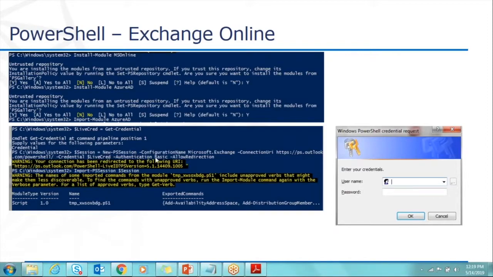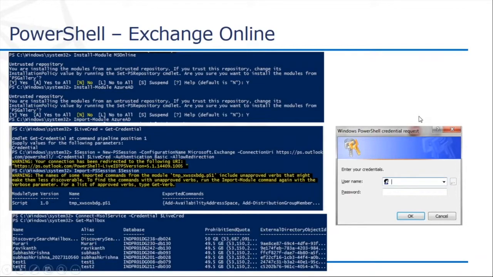Then you can create a session with your connection URI. This is how the command will look. Then you need to import this session. Once the import is done, you can run any of the commands with Exchange Online and work on it.